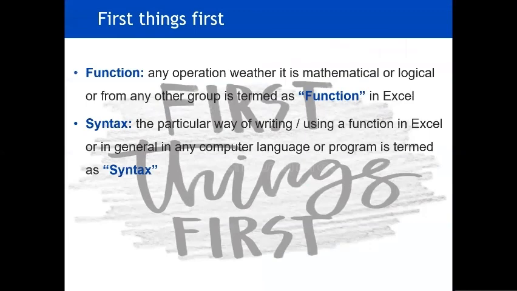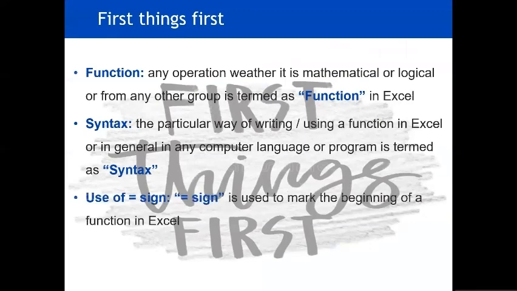Syntax: the particular way of writing or using a function in Excel, or in general in any computer language or program, is termed syntax. Use of equals to sign. The equals to sign is used to mark the beginning of a function in Excel. How? Let's see.